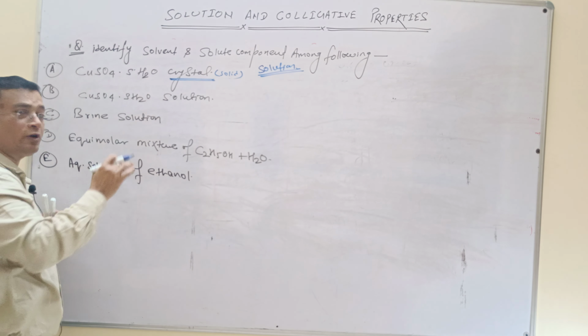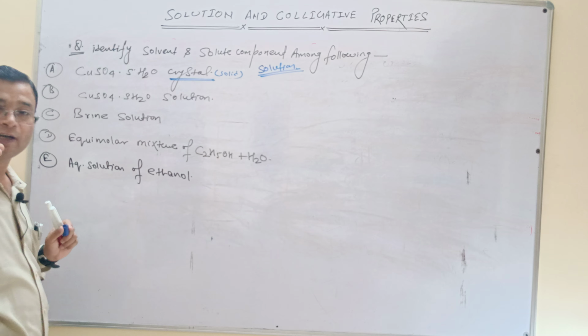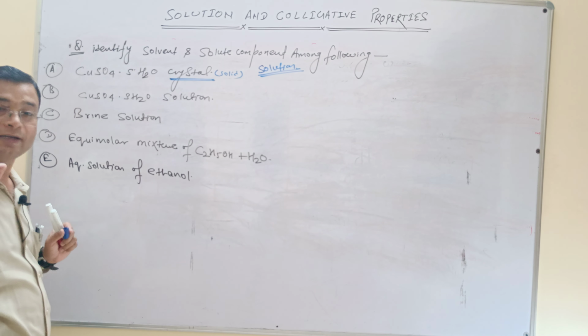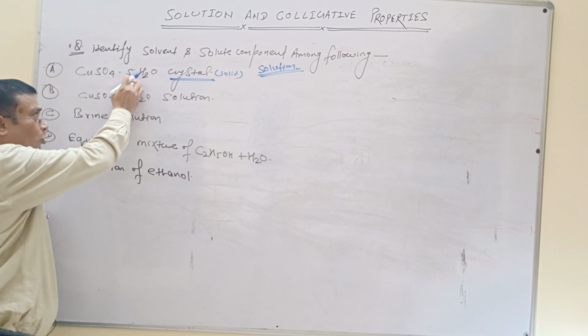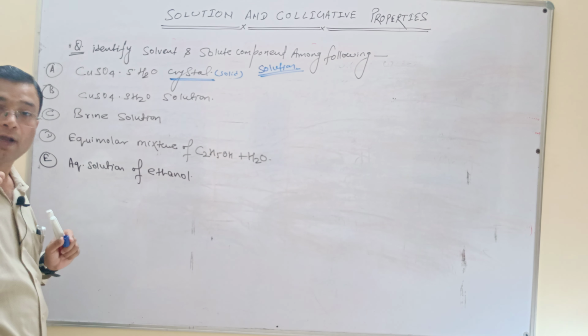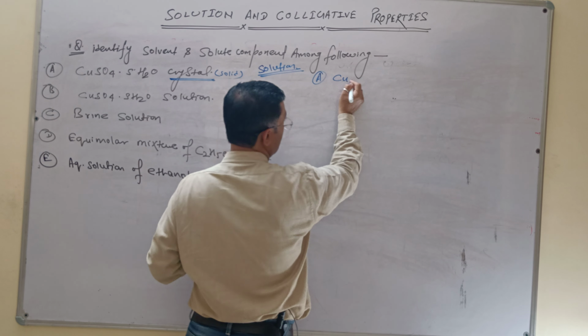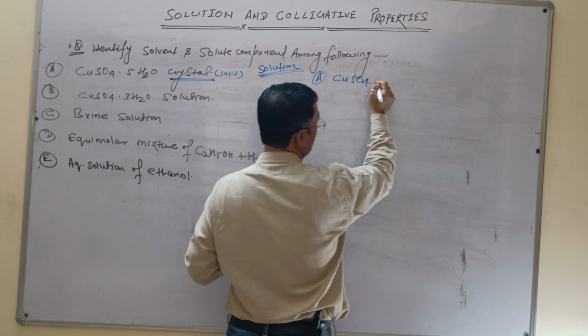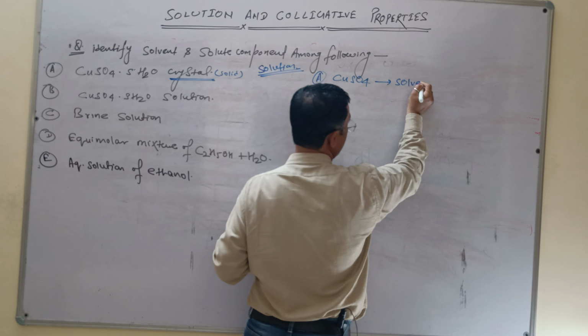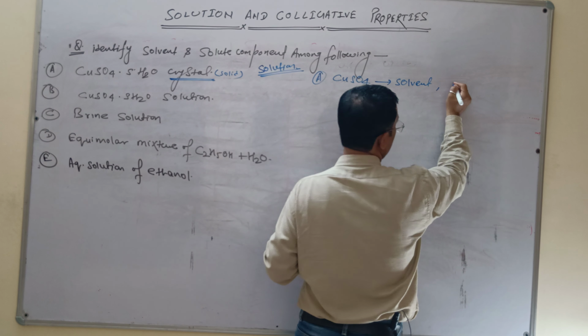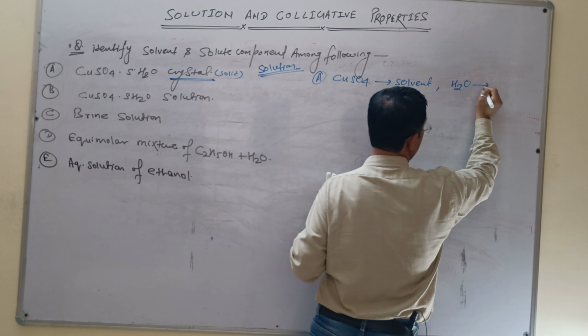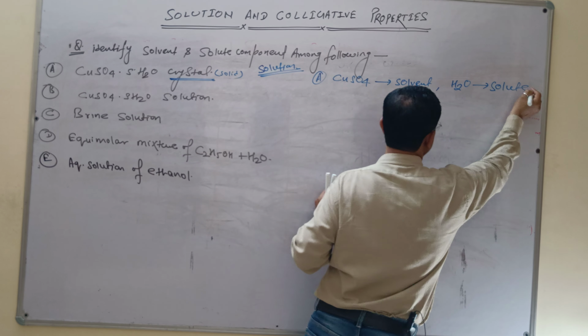And because water loses its physical state, what is the physical state of water? Liquid, its natural state. Because it is going to lose it, water is called the solute. So CuSO4 is the solvent, and the water molecule is the solute component.